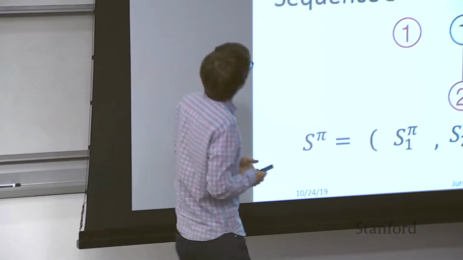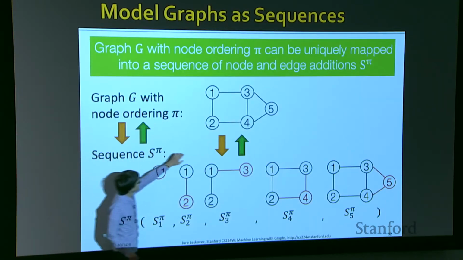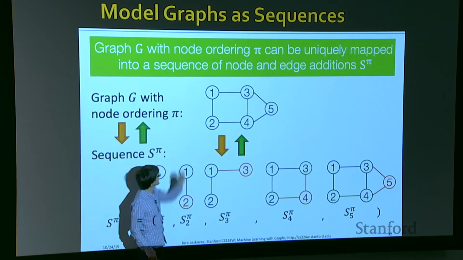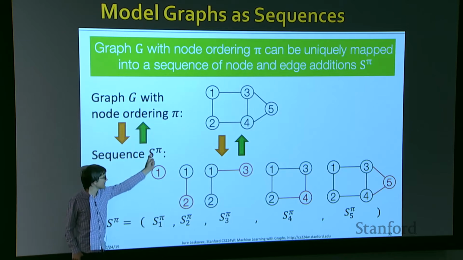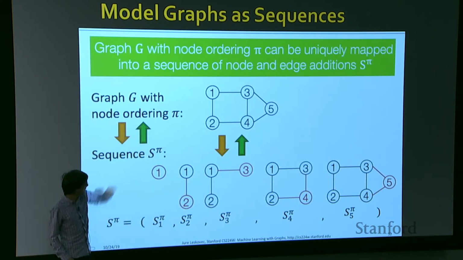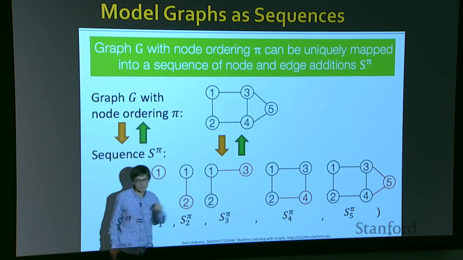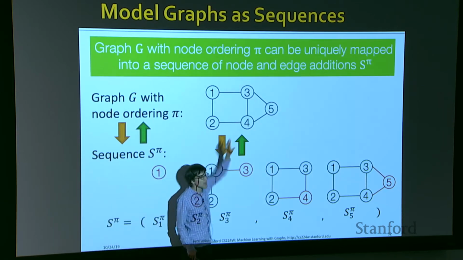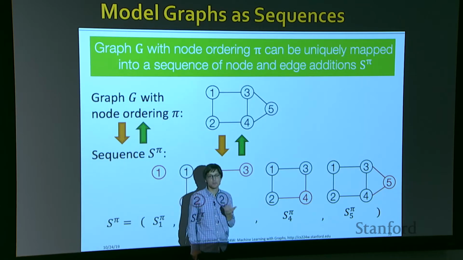Okay, so I'm saying that in order to generate a graph with a certain ordering or numbering of the nodes pi, this is uniquely defined by this sequence S. It's indexed by pi because pi determines the numbering of the nodes. And then here is what this generation process looks like. Note that if I would renumber the nodes differently, then the sequence would be different as well.